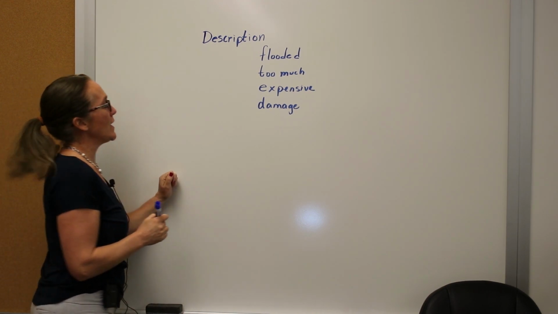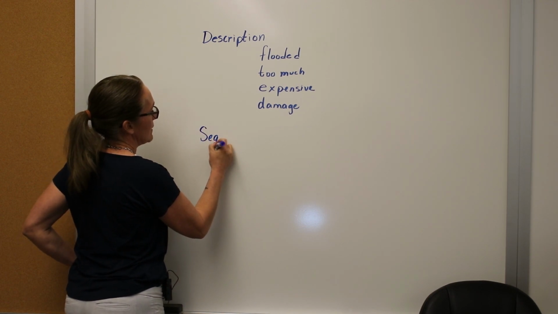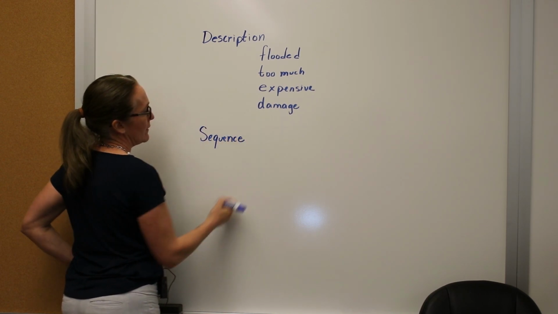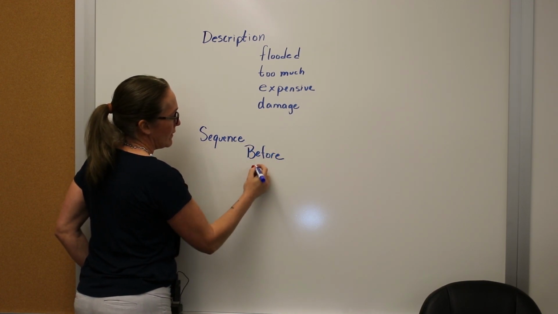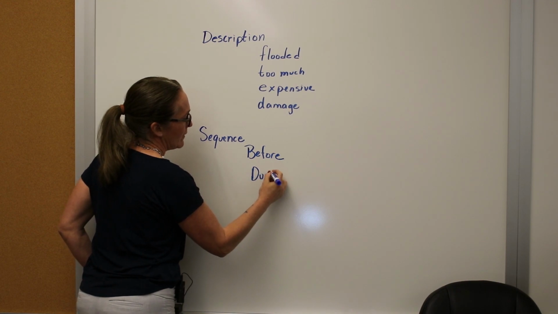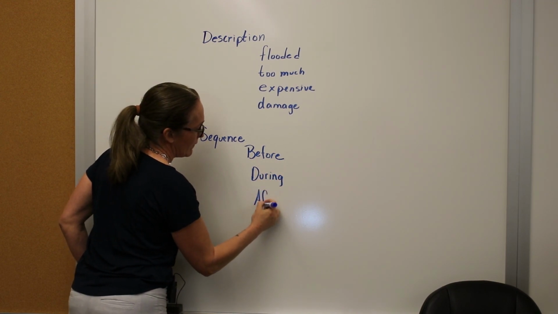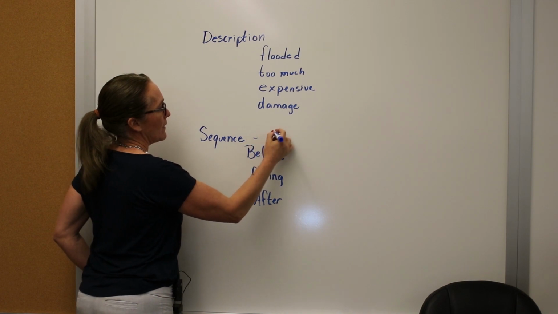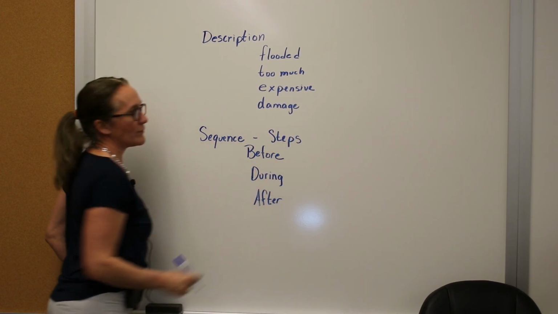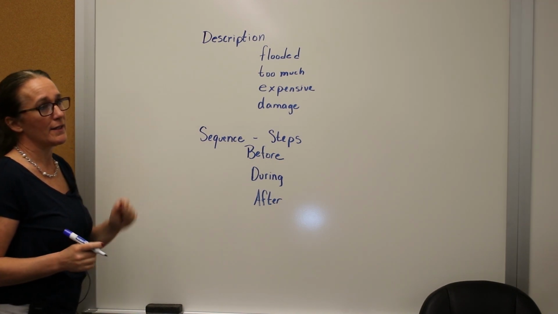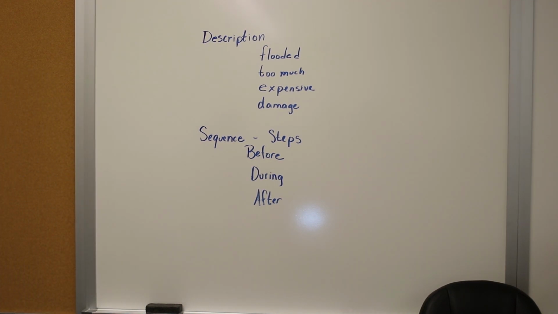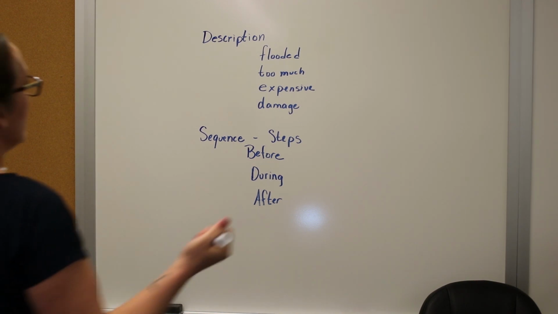But then the author goes on to say what to do. And then I know it was sequence or chronological order, because they told me what to do before the hurricane, during, and after. It gave me steps. So now I have my main ideas here. They're already there. I know that hurricanes cause a lot of damage, but there are steps that we can take.